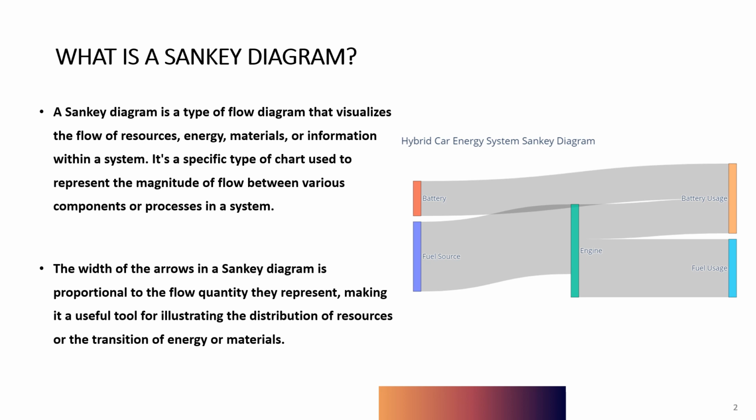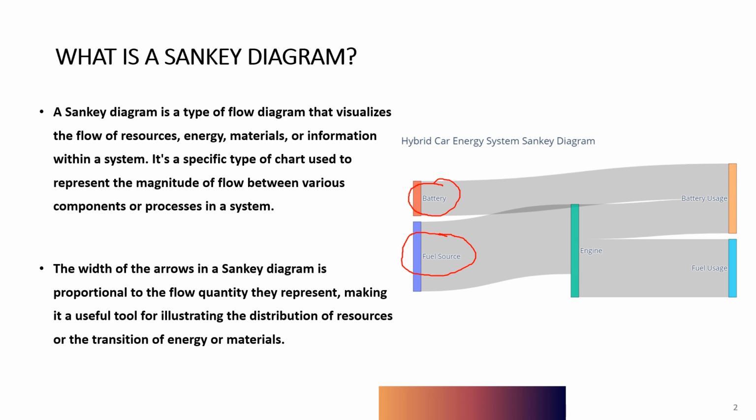For instance, if you want to understand the flow of, let's say, energy within a hybrid car, which we'll be using as our case study today. We all know that a hybrid car is powered by both the battery and the fuel source. So these are the two energy sources in a hybrid car.